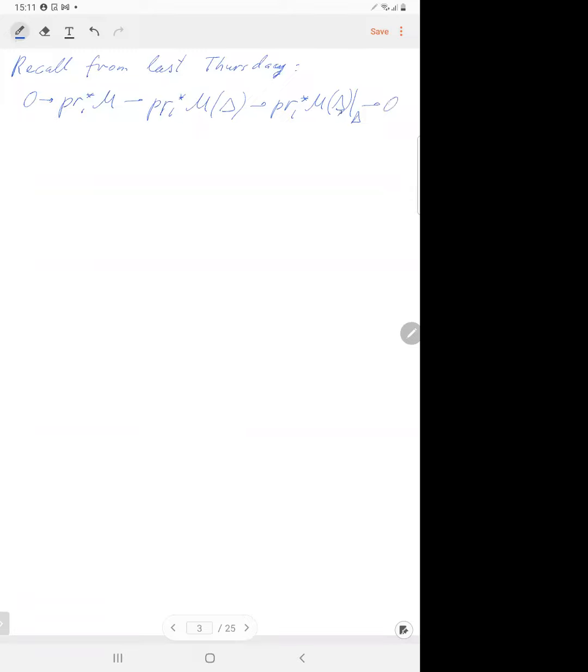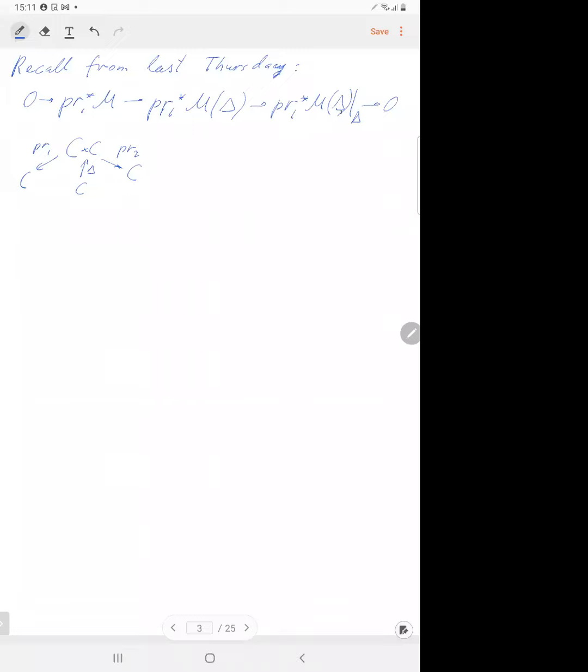Okay, so here we have C times C. There is the first projection to C, there is the second projection to C, and there was the diagonal embedding from C to the square.